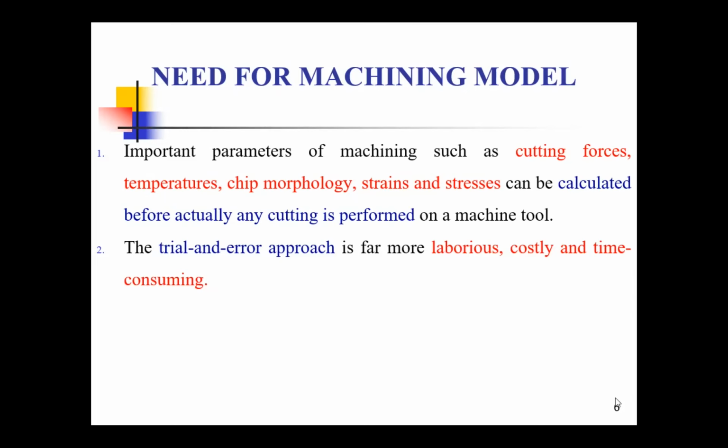It is also costlier because we have to use cutting tools, coolants, workpieces, and the power required to run the lathe. And also look at the time it consumes. It consumes a higher amount of time.